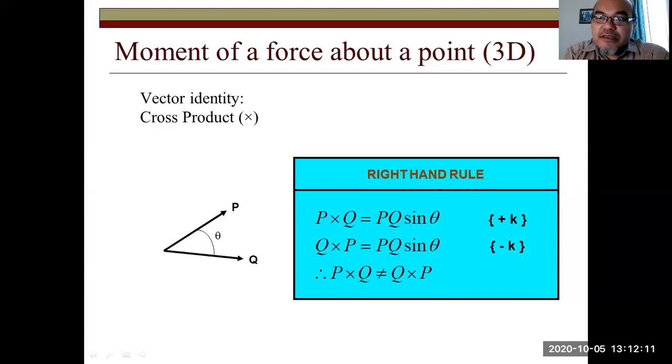We have to make sure that the order in which we take the cross product is according to the problem at hand. We cannot disregard that. Is it P cross Q or Q cross P?